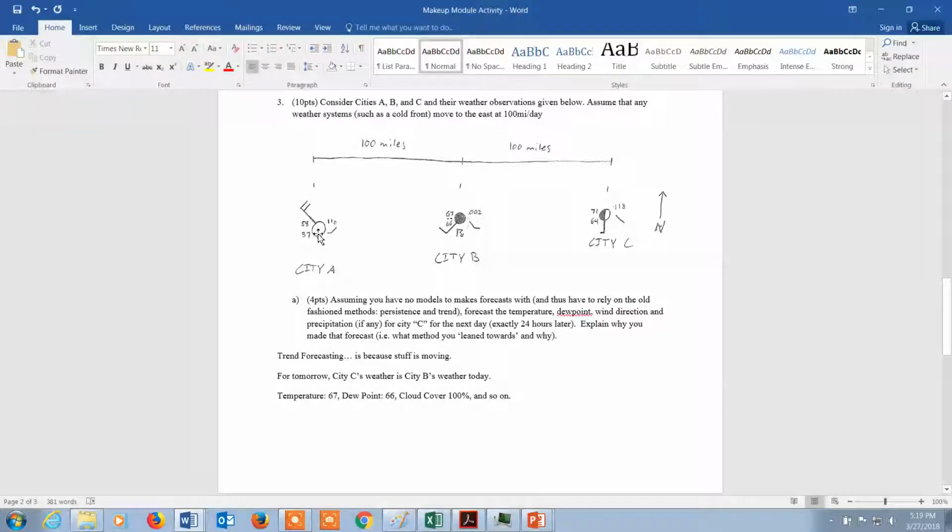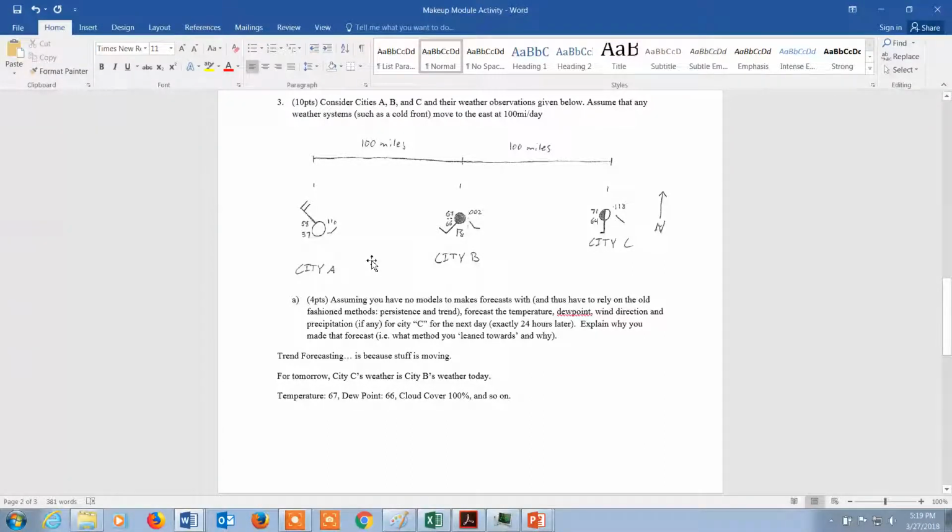Dew point drops pretty noticeably. That's very common for when a cold front passes. And weather conditions overall, as far as precipitation, cloud cover, they improve pretty substantially between city B and city A. So there's definitely something going on between these two cities.